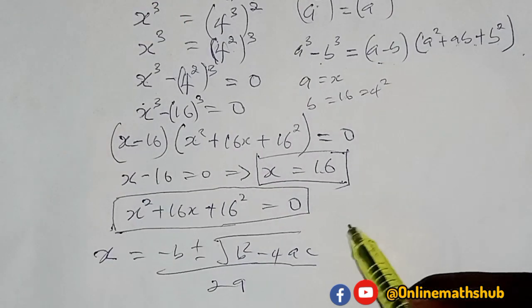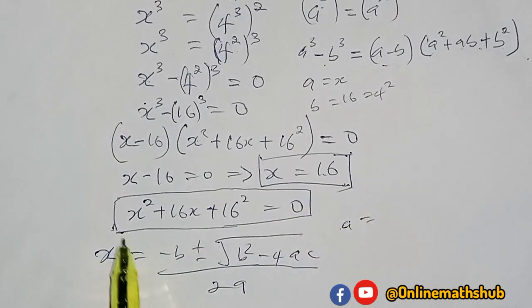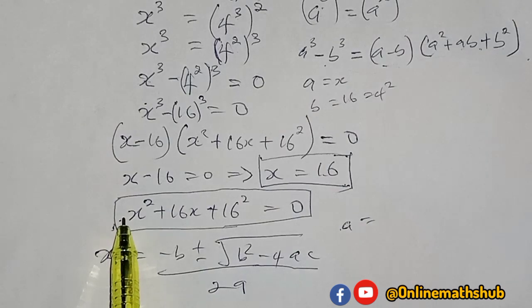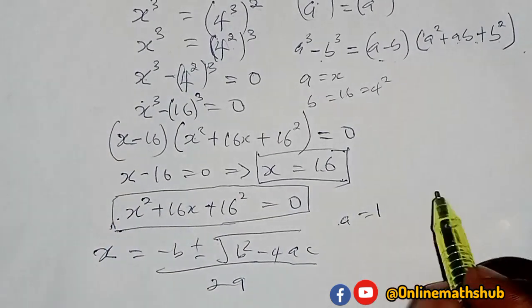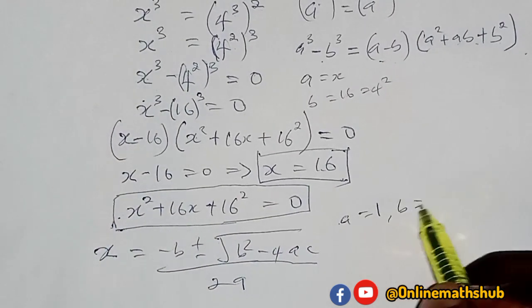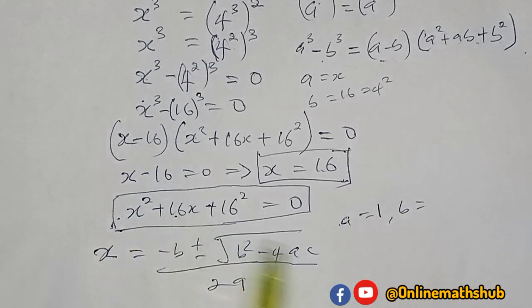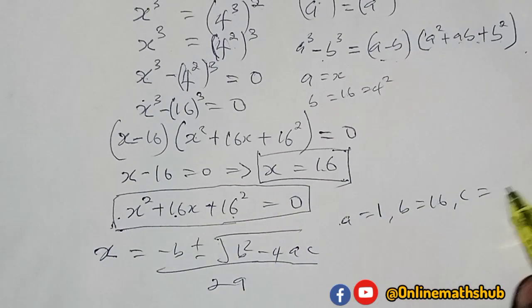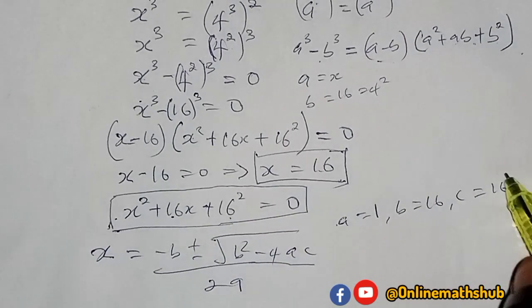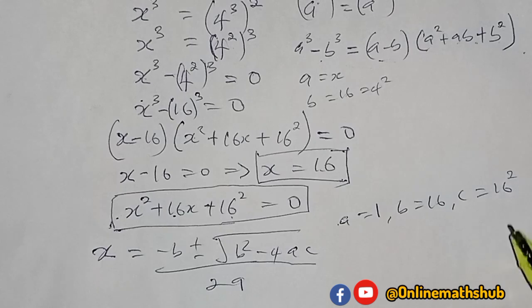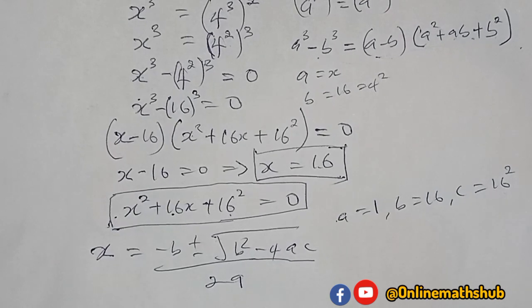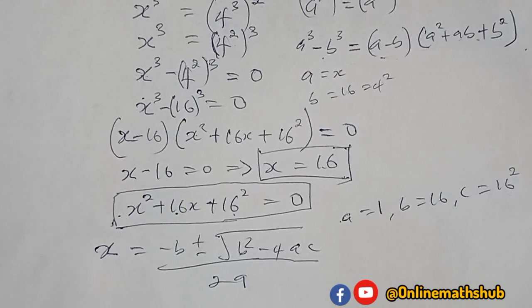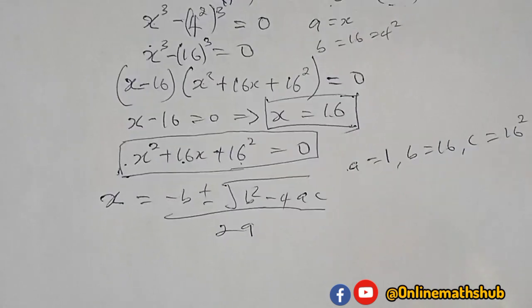In this case, my a is the coefficient of x squared, which is 1, my b is the coefficient of x, which is 16, and my c is this constant, which is 16 squared. Of course, you can also evaluate this 16 squared, but I have my reason for leaving it that way so that it makes the work easier for me.